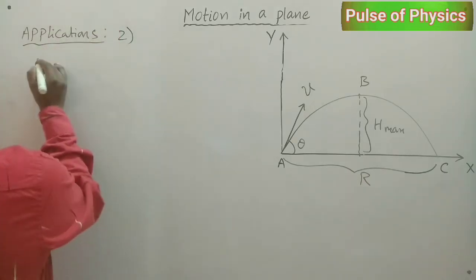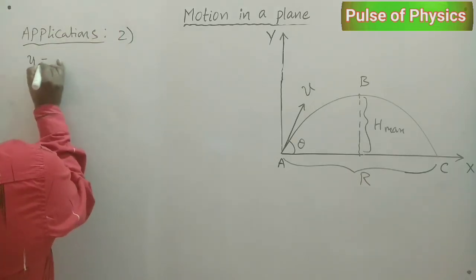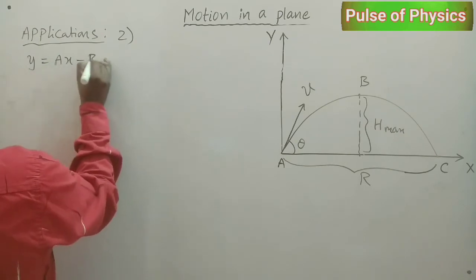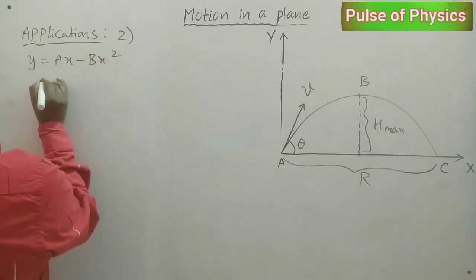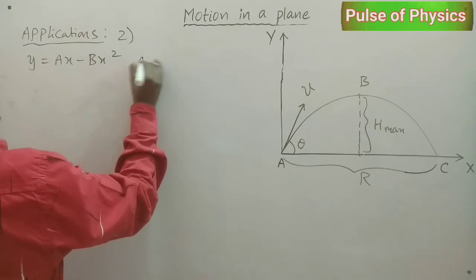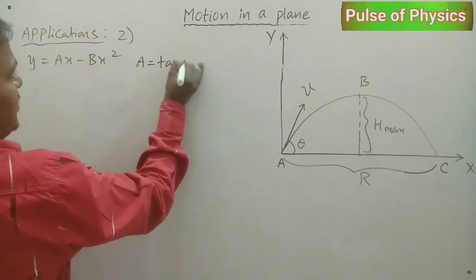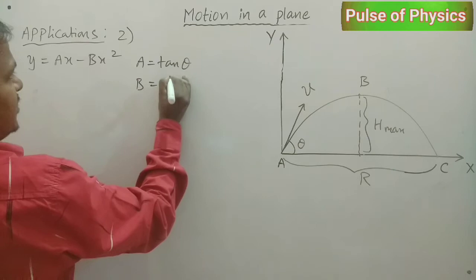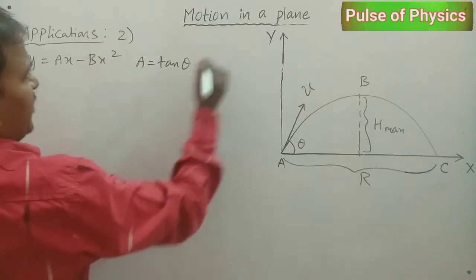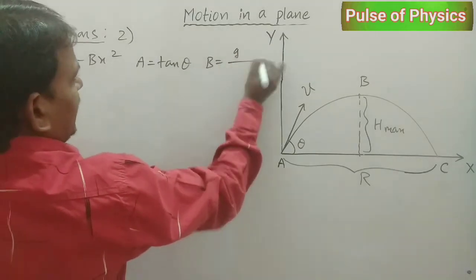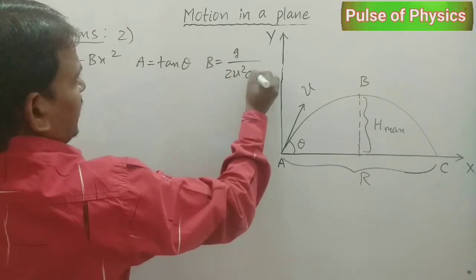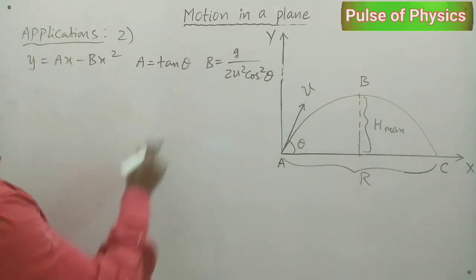Here y is equal to, we wrote, ax minus bx square. That is nothing but, here a is tan theta, here b is g by 2u square cos square theta. Let us see some relations.